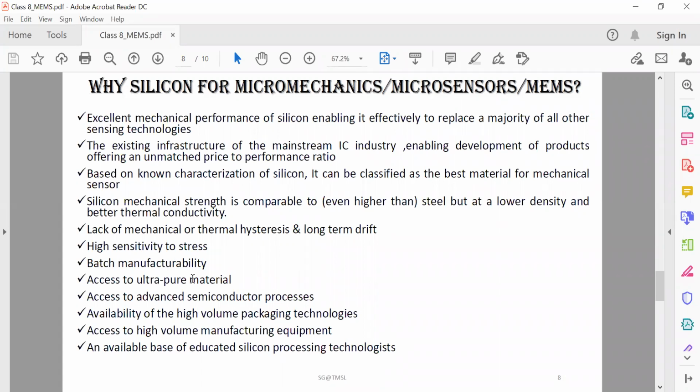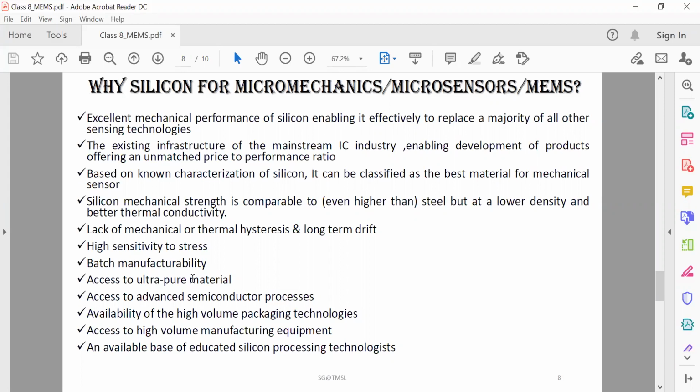Okay, so automatically that technology is established. You can get ultra pure silicon material, access to advanced semiconductor processes, and no need of discussion, that is availability of the high volume package technologies. Although the packaging technologies are available for various sites, in case of MEMS the packaging will be a little bit critical.